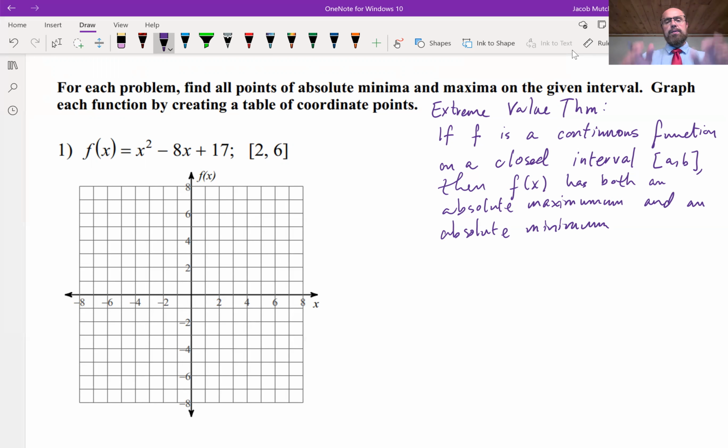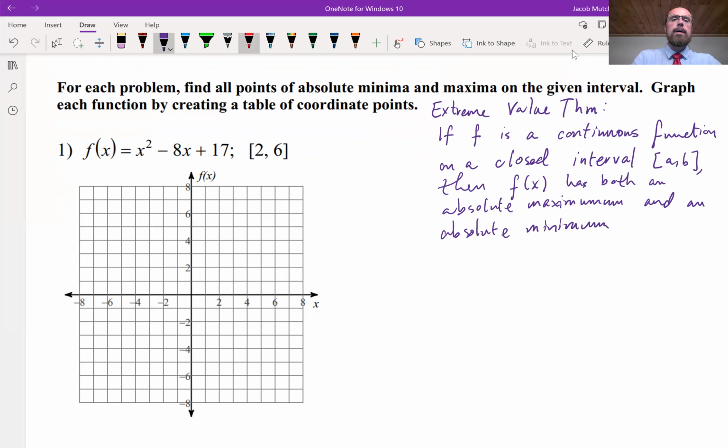So if I'm taking a slice of that from 2 to 6, definitely it's eligible to be considered for this extreme value theorem. Now, what we'd like to do is, first of all, find whether this function has some kind of maximum or minimum that's just inherent to the function itself. And then we're also going to look at the endpoints at x equals 2 and x equals 6.